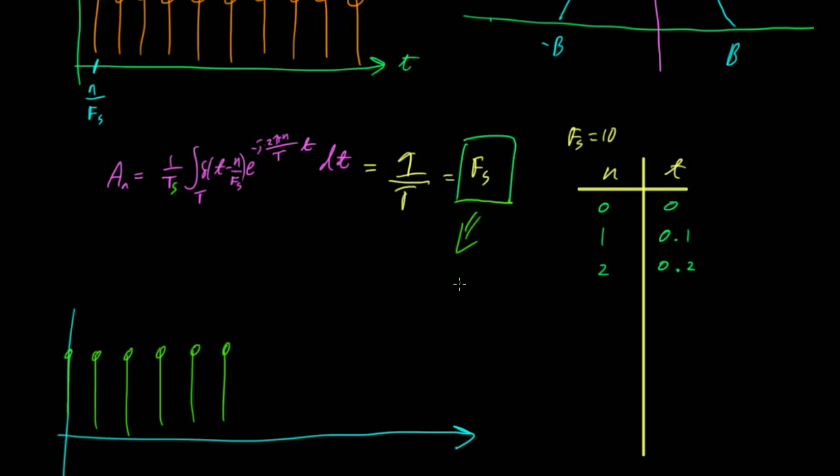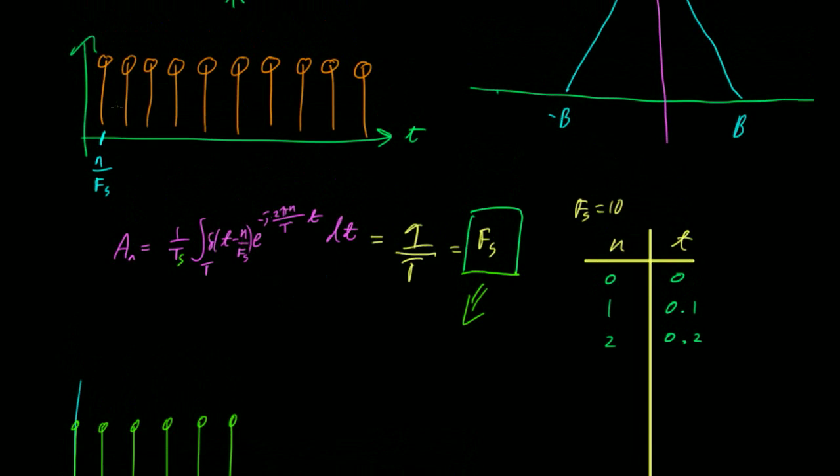Let me rephrase: the sampling frequency corresponds to the spacing between these impulses. As n increases, am I changing the spacing between them? No, it's staying constant. So the sampling frequency or the sampling period, whichever you want to interpret, basically the same thing, does not change as a function of n. As you go farther out, the spacing stays the same.